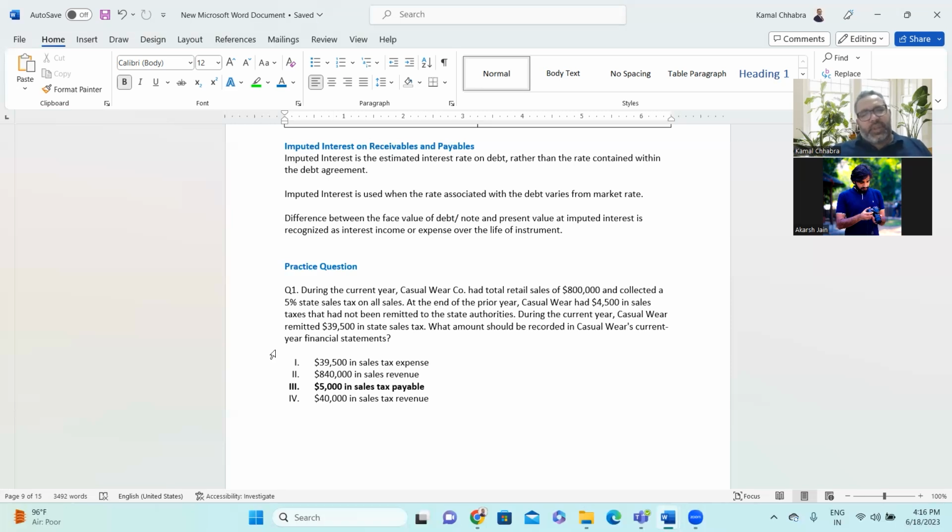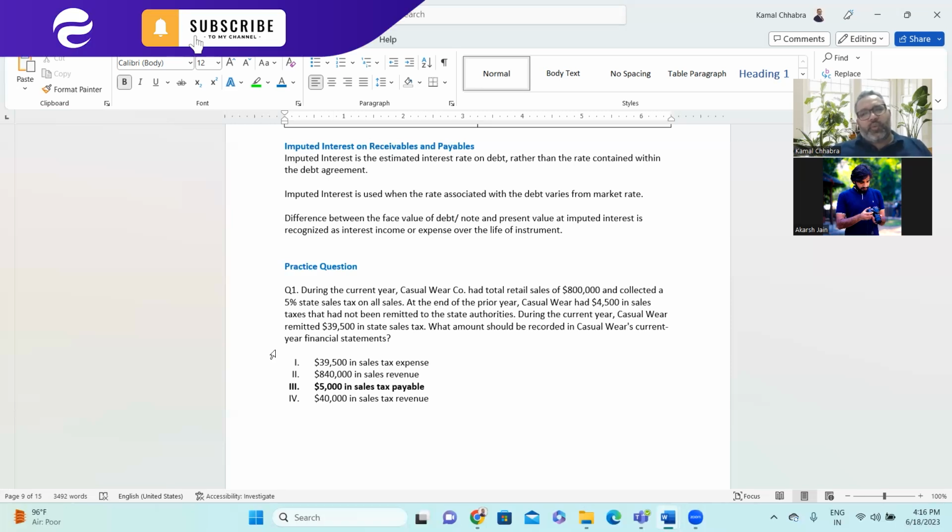So in this scenario, you are paying more interest, whereas the actual market interest rate is less. The imputed rate of interest is 7%.